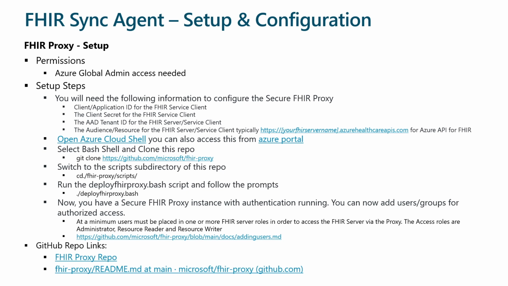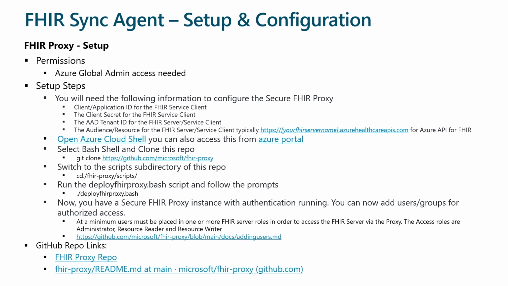First, you will need Azure Global Admin access to install the FHIR proxy. In terms of the setup steps, the following information is needed to configure this FHIR proxy. The client ID of the FHIR service client, which is nothing but the Azure AD application that you create for Azure API for FHIR.